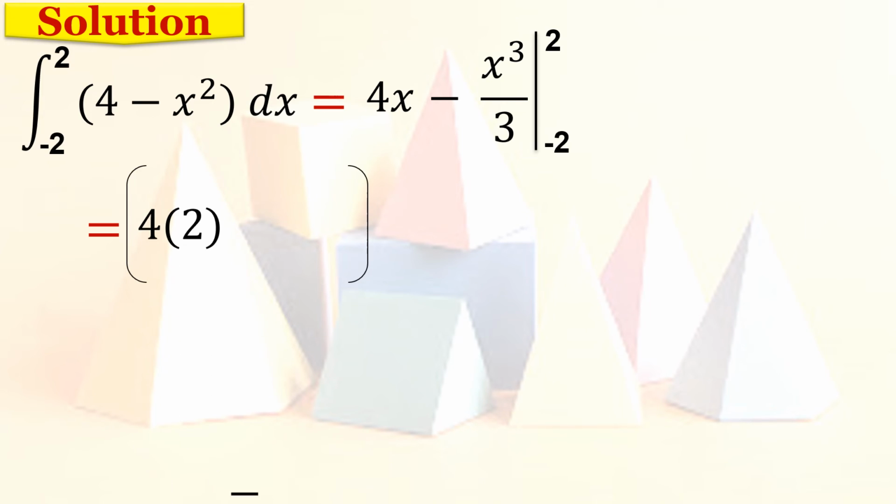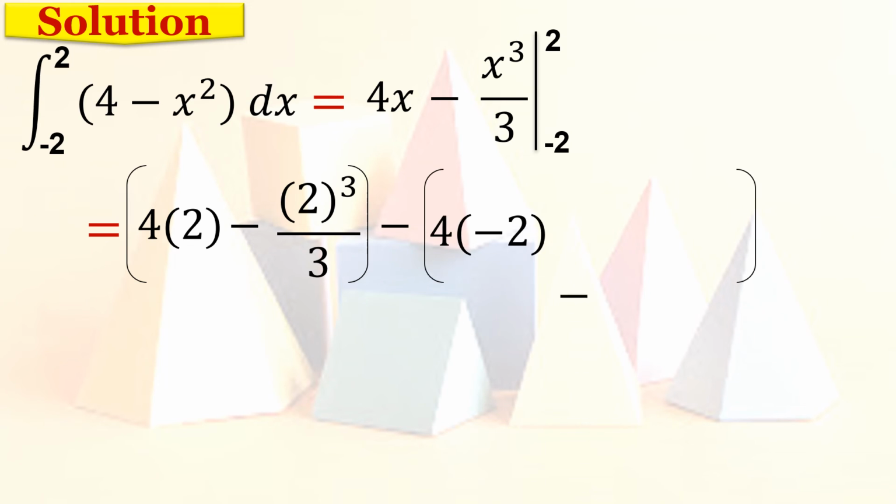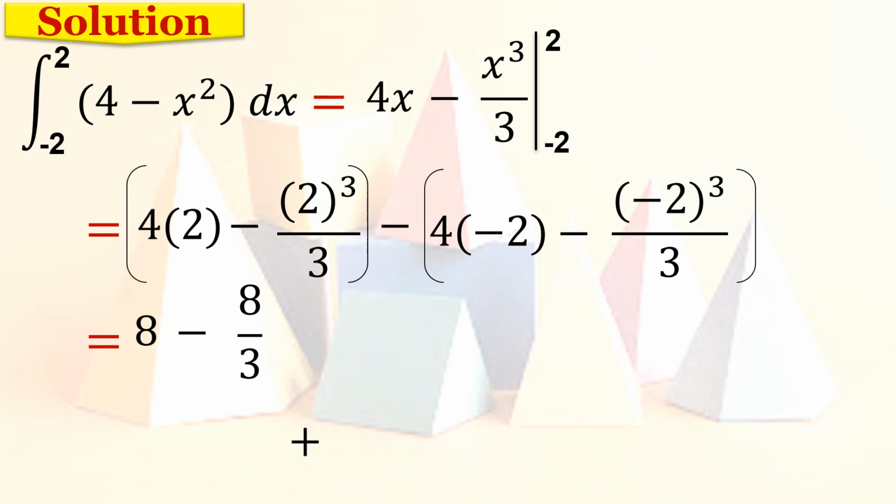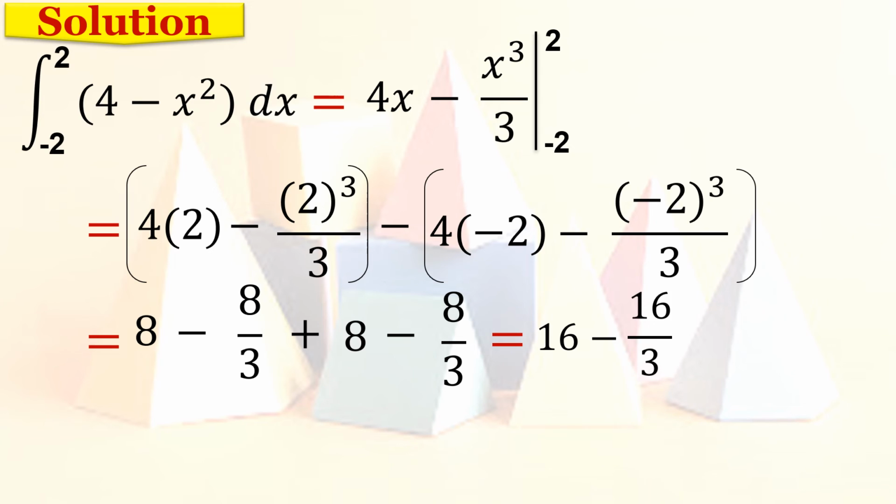So we have 4 times 2 minus 2 to the third over 3 minus 4 times negative 2 minus negative 2 to the third over 3. From here, we have 8 minus 8 over 3 plus 8 minus 8 over 3. Simplifying further, we have 16 minus 16 over 3.